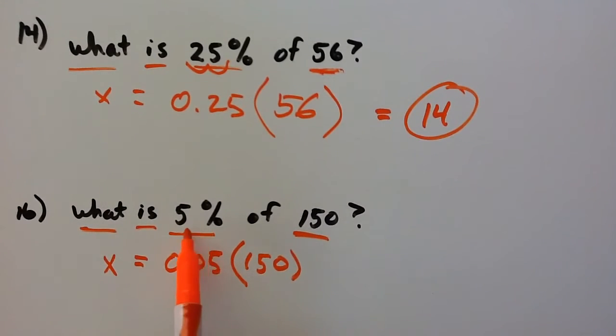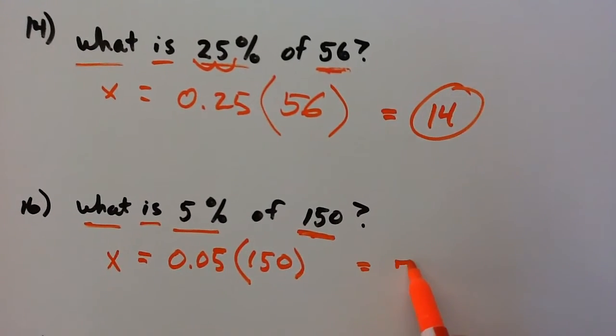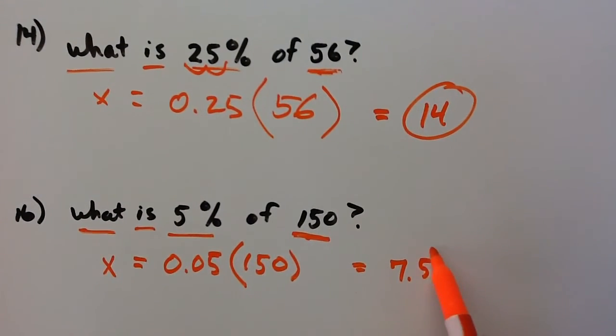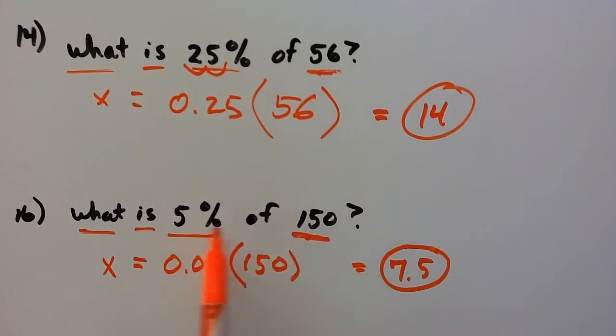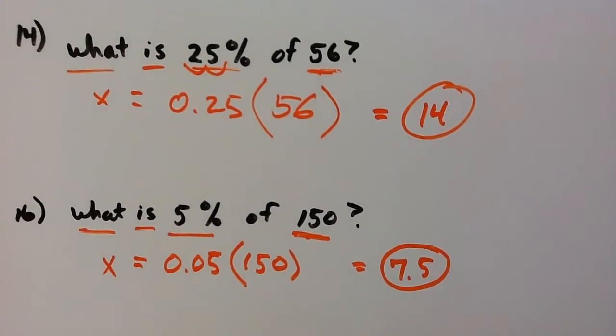If I want 5% of 150, my number is going to be way smaller than 150. It's only going to be a little bit of 150. Well, 0.05 times 150, you put that in your calculator, you get 7.5. So 7.5 is 5% of 150.